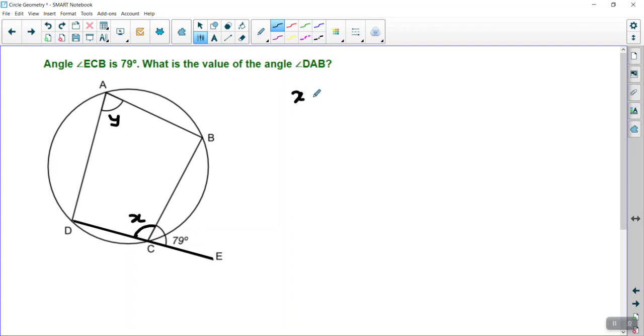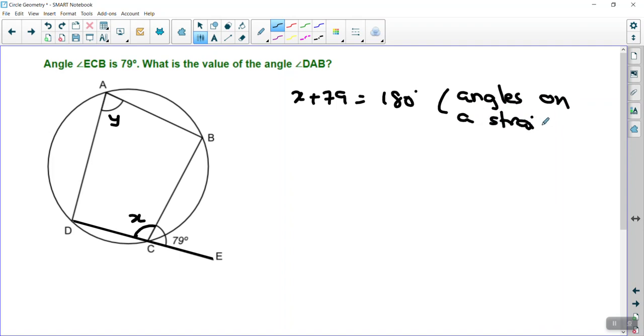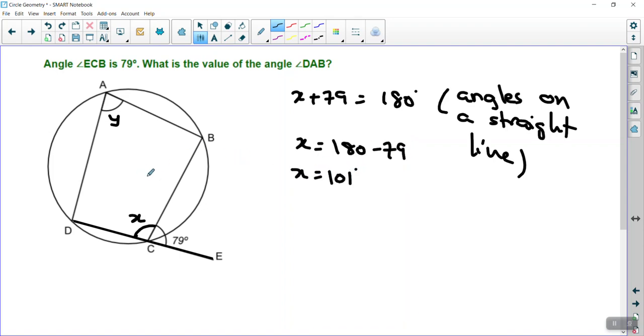So what we have is x plus 79 is equal to 180 degrees because they are angles on a straight line, which would give us x to be 180 minus 79, which would give us x to be 101 degrees. So this angle here is 101 degrees.